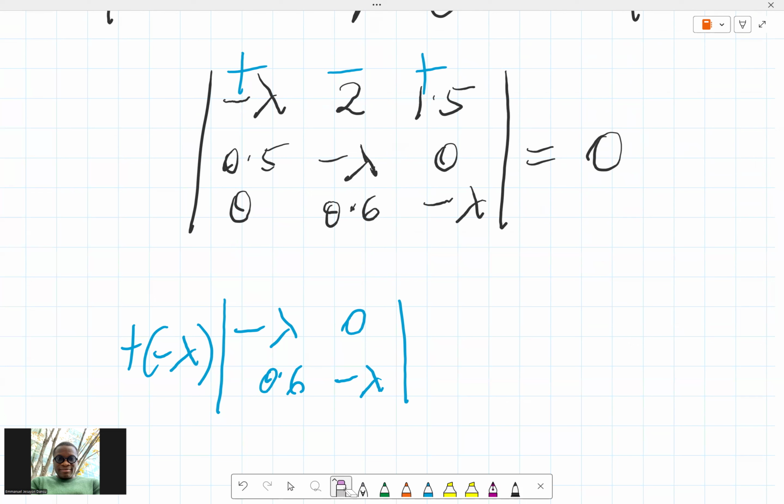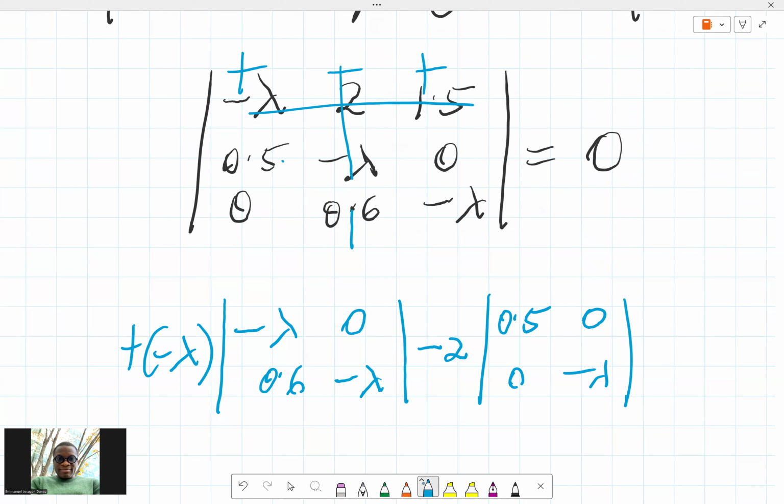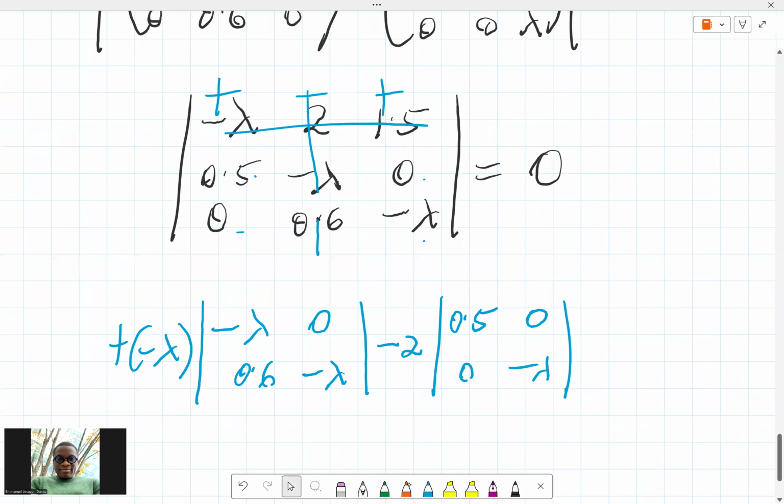Okay. So with that done, we can erase this again. So we go for the next one. We have minus 2 now into, cross the column it belongs to and cross the row. So we have 0.5, 0, 0, minus lambda. Then lastly, we can also erase that.